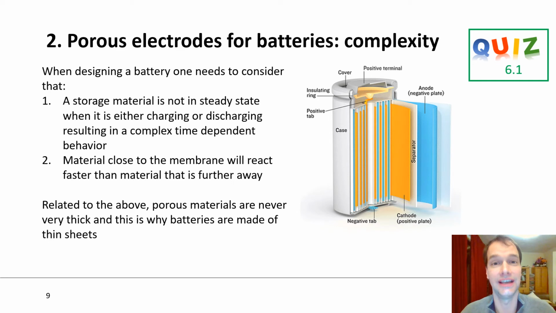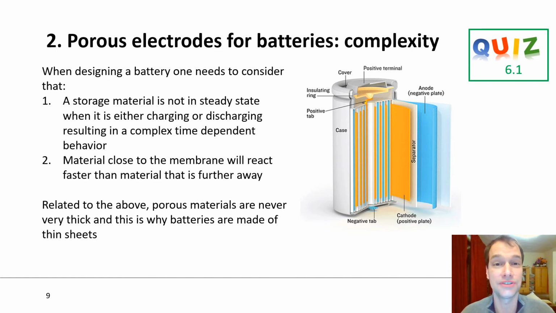At the same time, we also have to think that materials that are close to the electrode will react faster than materials that are further away from the electrode. This is also important to keep in mind. So we have this time-dependent complexity and also this location-dependent complexity. Now, to reduce the influence of the latter, you typically see that battery materials are quite thin.